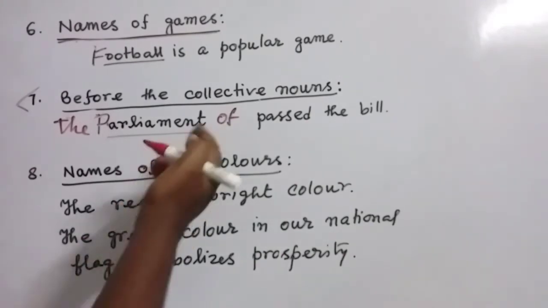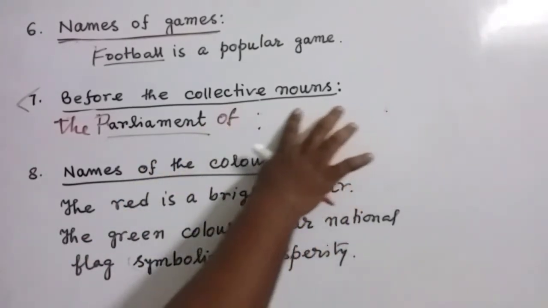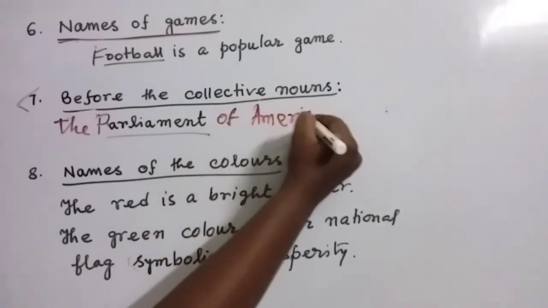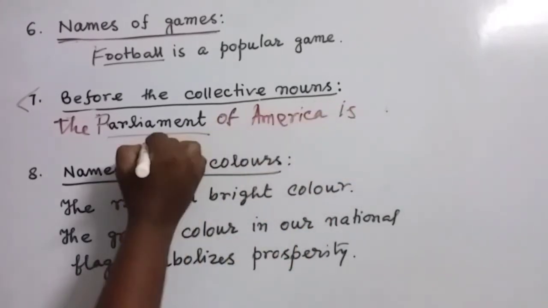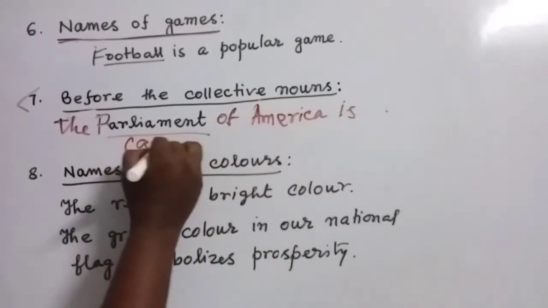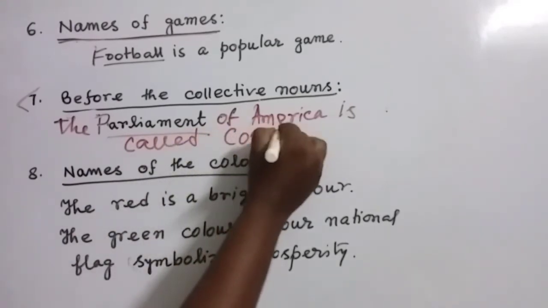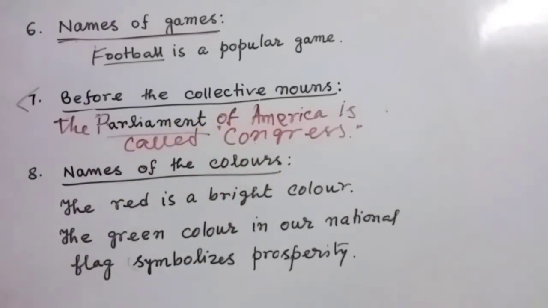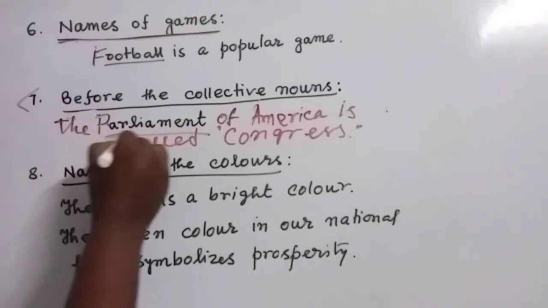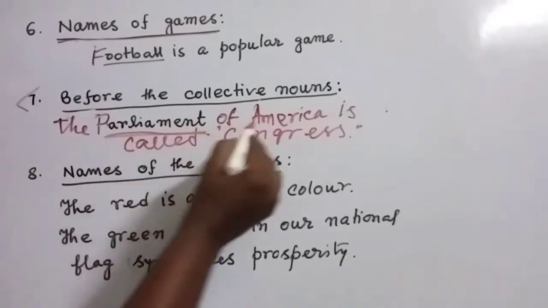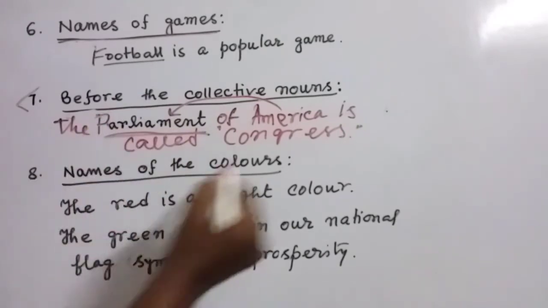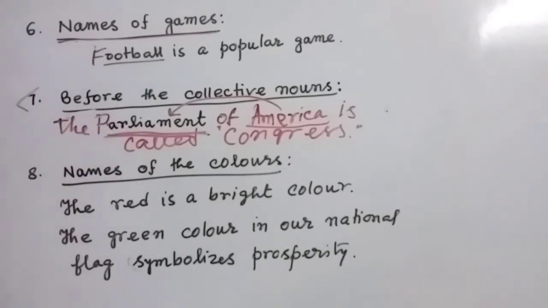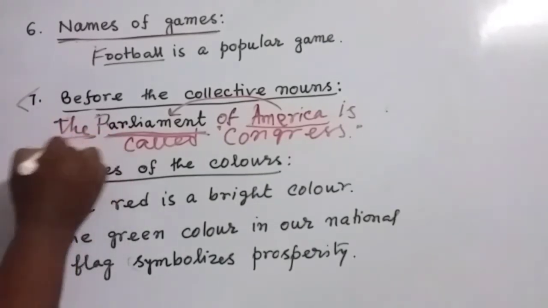The parliament of America is called Congress. My dear friends, you can see in this sentence, this collective noun is particularized. We are saying something about the parliament of a particular country. That means it is not used in the general sense. At that time, we have to use the term the.